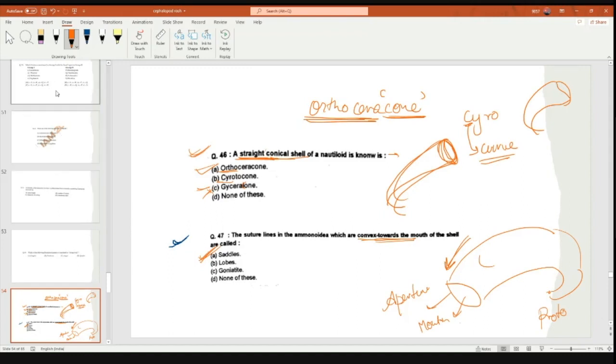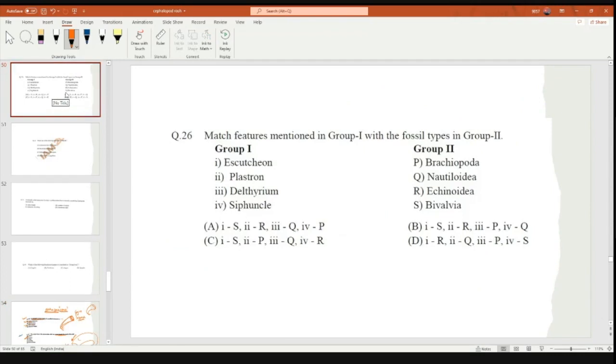Let's see one more very interesting question. This is IIT JAM 2017. See how the questions are generally asked on the basis of the main morphological feature, and you just have to match them. So this will be easier to understand.